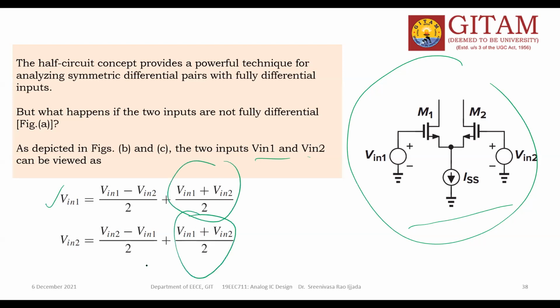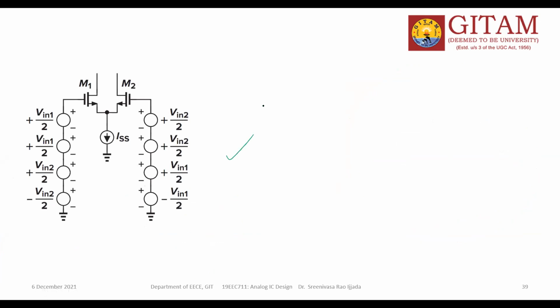These two terms are the same in the two cases. I want to find this and this. V1, V2 you can write like this in the half circuit method. So there are two terms, and with this I can represent the circuit just like this. What terms are there? Four terms are there: Vn1 by 2 and Vn2 by 2. Two terms on one side and two terms on the other side.